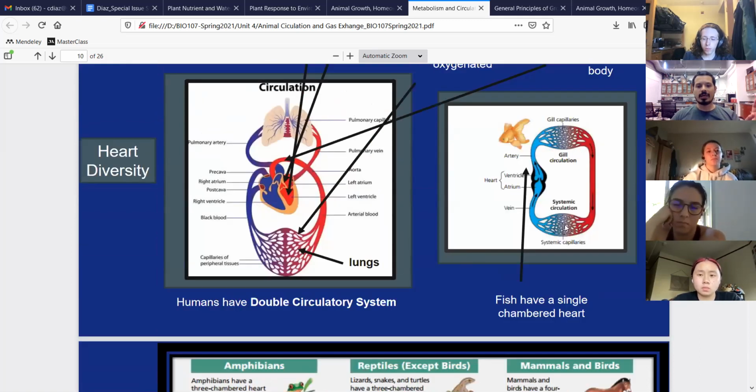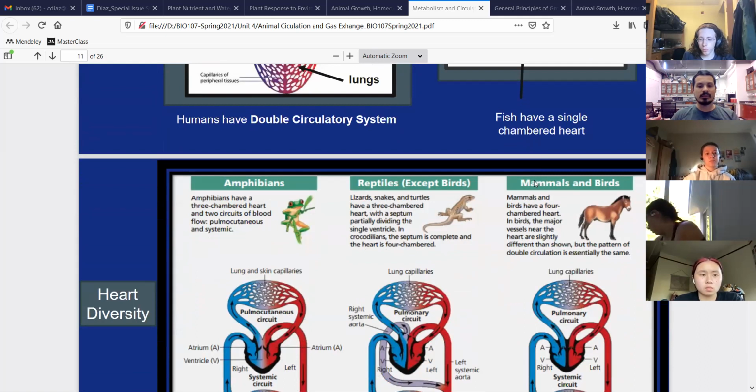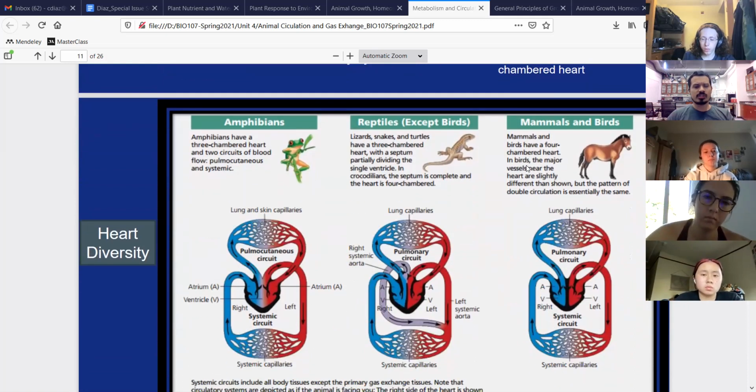What I want you to know about that is simply that there are a lot of different ways of doing this, and the circulatory system has gotten more advanced and a little bit more complicated as we've gotten more evolved, birds and mammals versus reptiles and amphibians. But what's most important, I think, is that in our closed circulatory system, blood is being sent to a secondary location in order to gather oxygen.